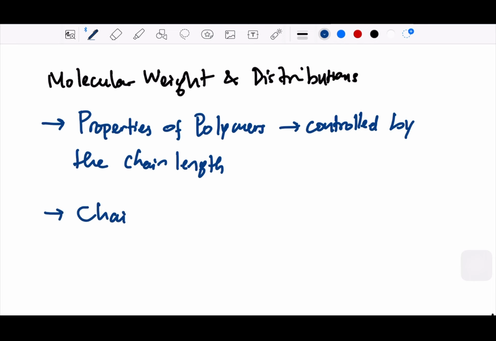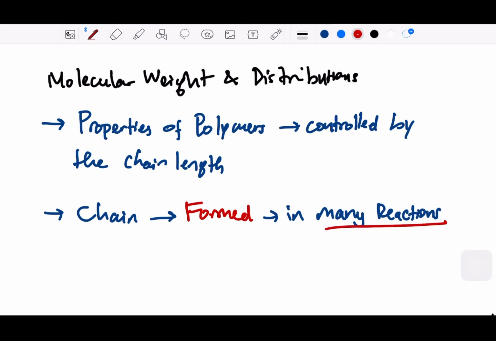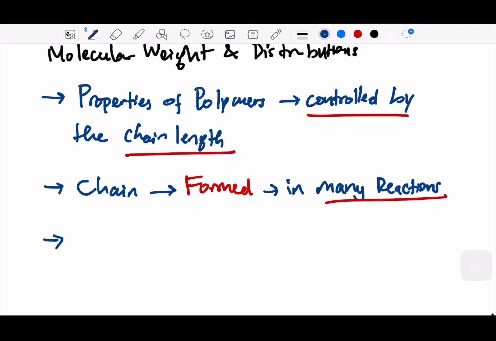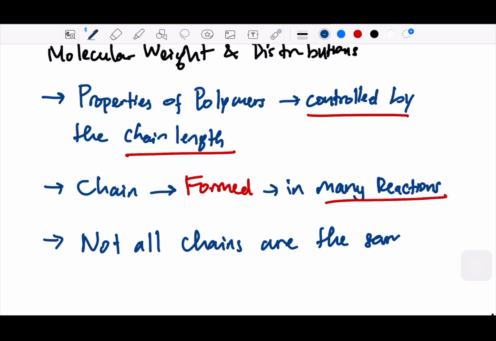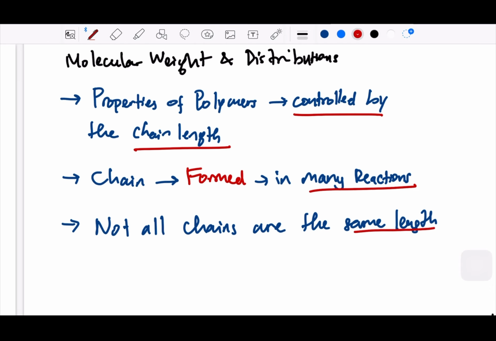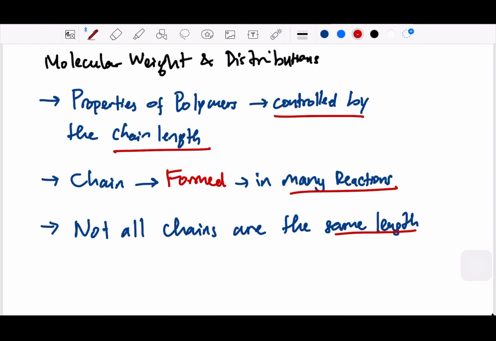And the chain is formed in many reactions, and not all chains are the same length. This is pretty much a summary of what we have done before, because I think some of the explanations may have been too extensive.